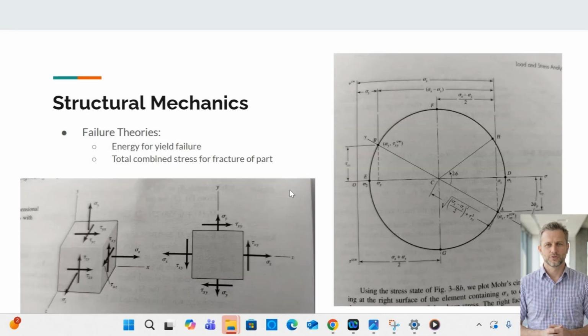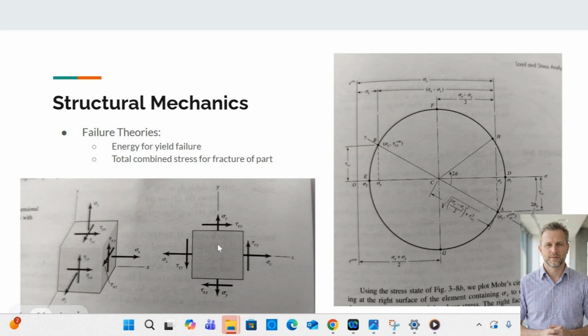But getting into year 3, there are similar kinds of structural mechanics topics, but this course talks more about failure theories. This is plane stress, where you're simplifying stress in an infinitesimally small 3D cube, where there's normal stress in all 3 directions and shear stress in all 3 directions.